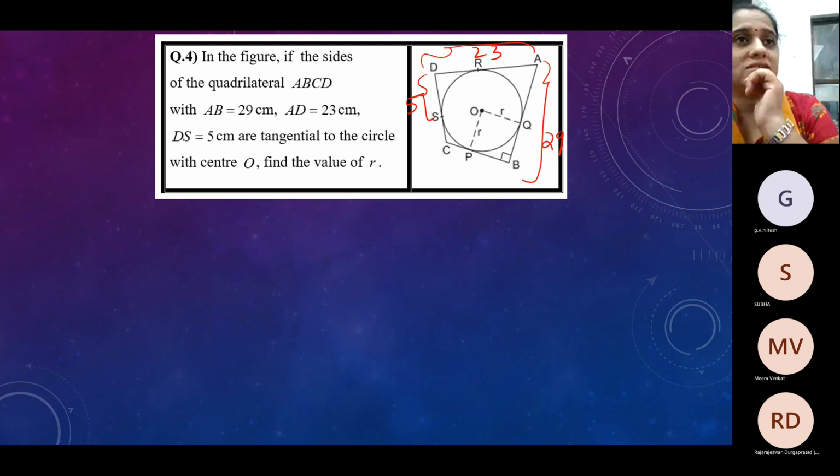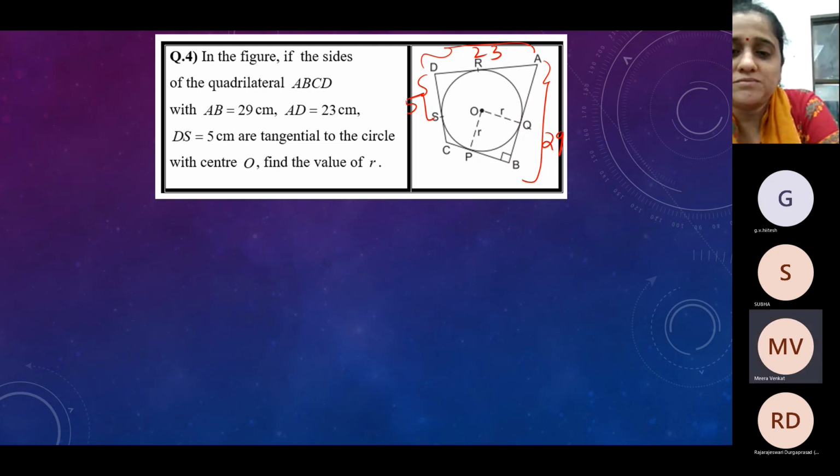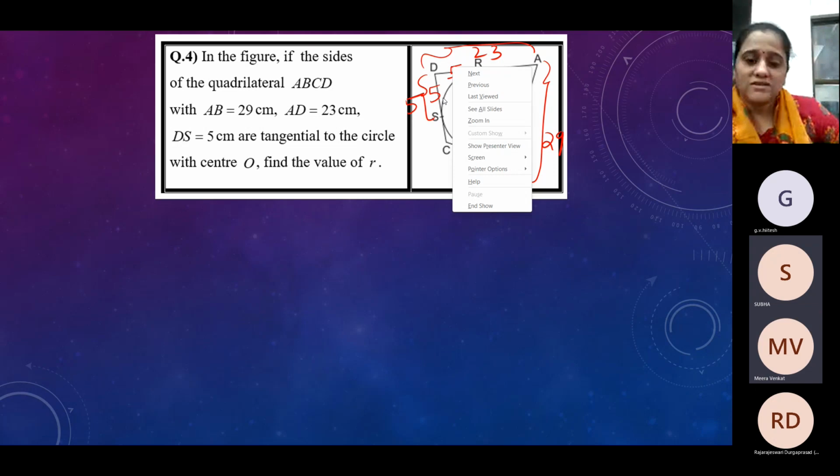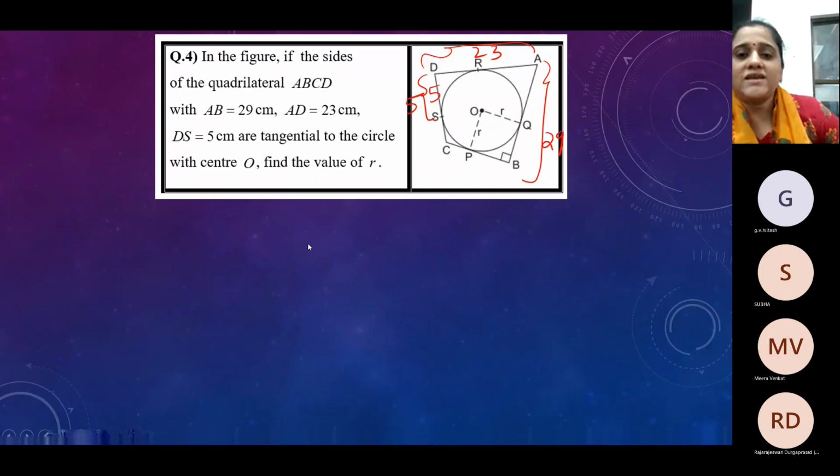Why? Tangents from the external point D to the circle are equal. So if DS is 5, DR is also 5.